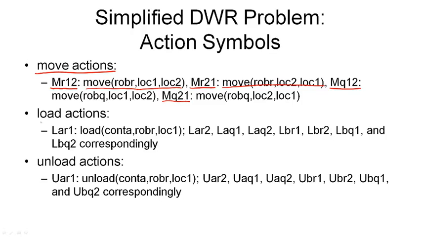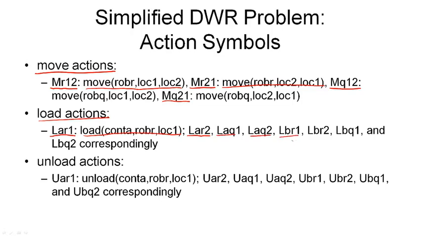Similarly, we have actions representing loading of containers, and these all start with the capital letter L, like LAR1, meaning we're loading container A onto robot R at location 1. And here is what that was as an operator. Then we have LAR2, meaning we're loading container A onto robot R at location 2, and so on.